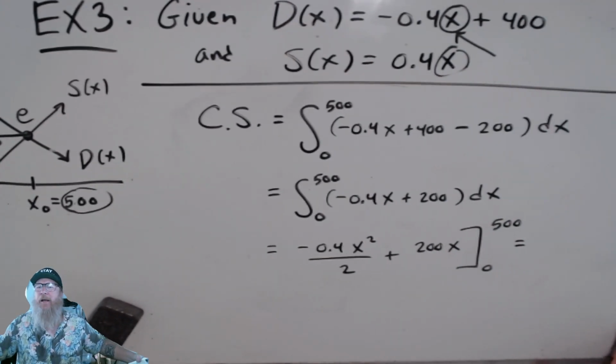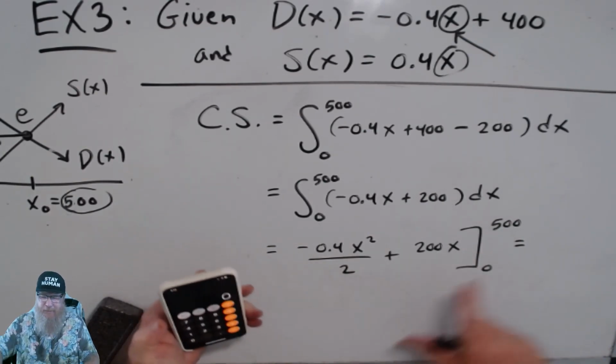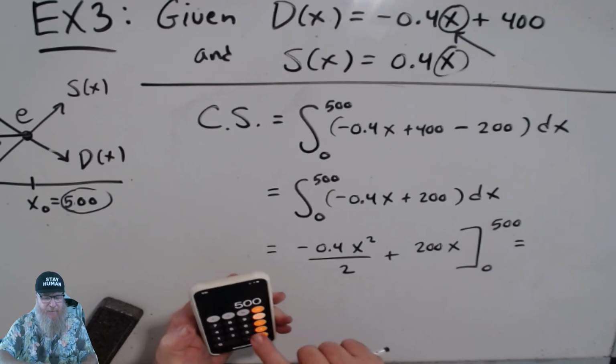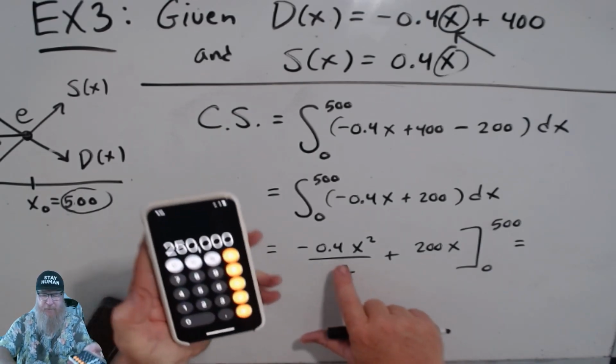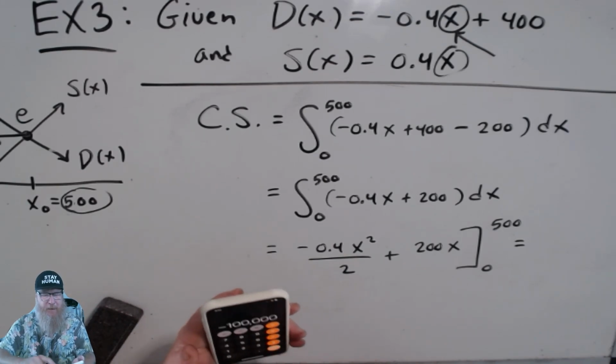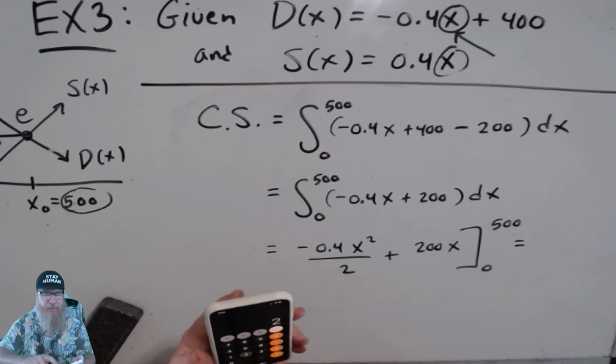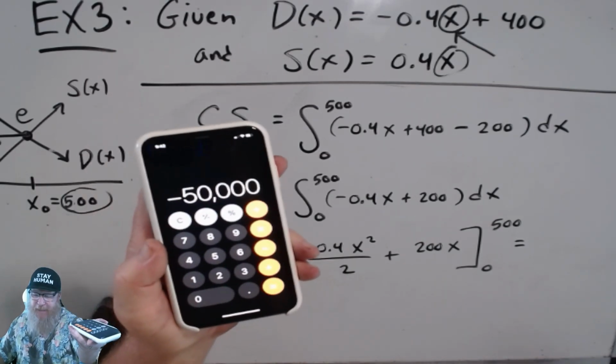Why don't I just plug in the 500 and be done with it? So 500 squared, 250,000 times 0.4, negative 100,000 divided by 2, negative 50,000.